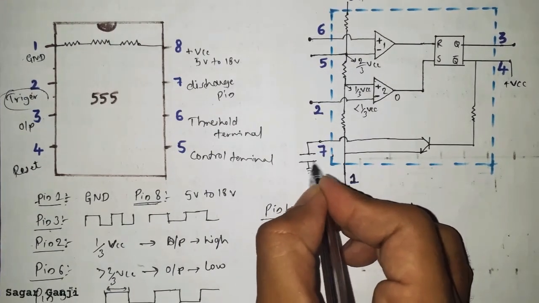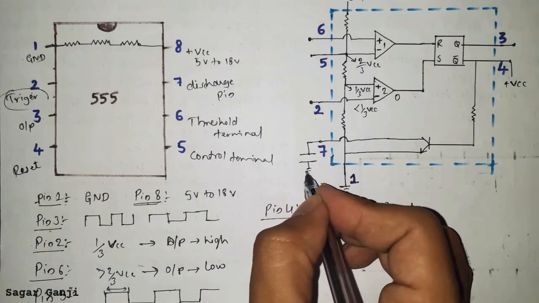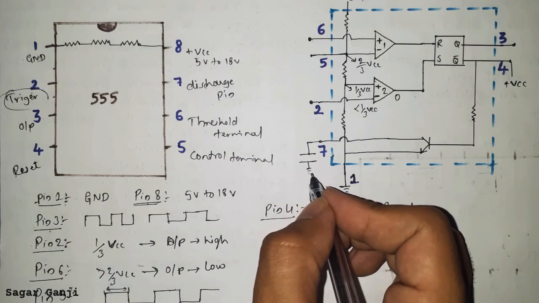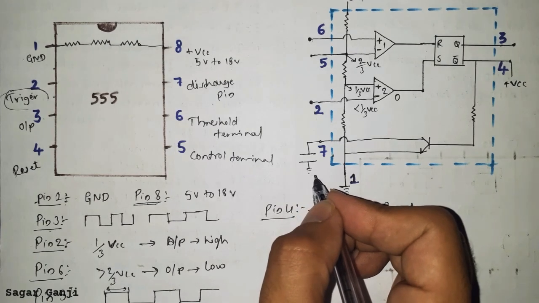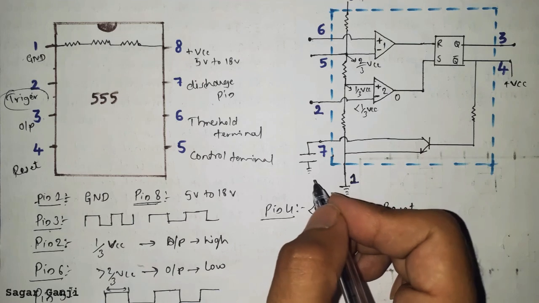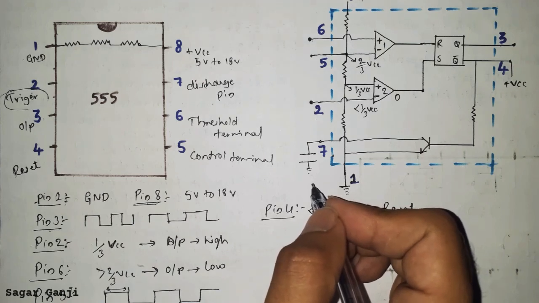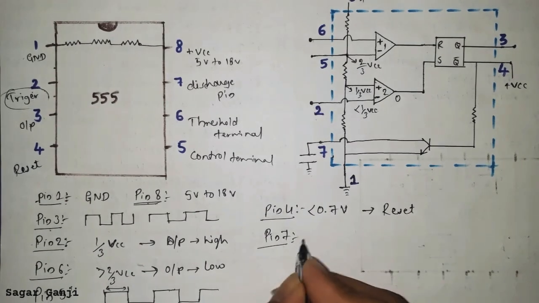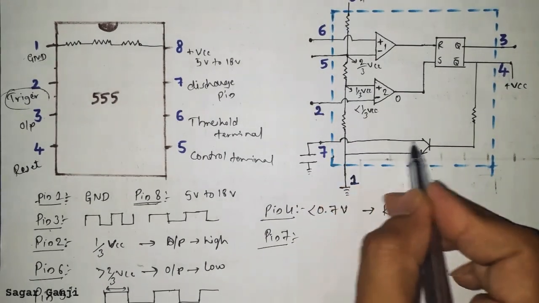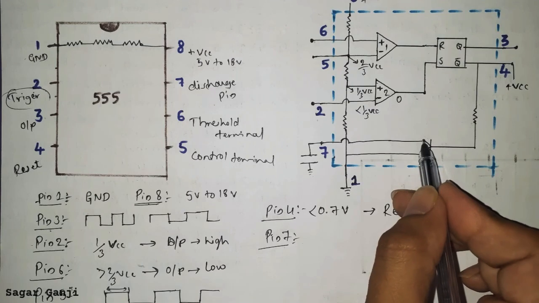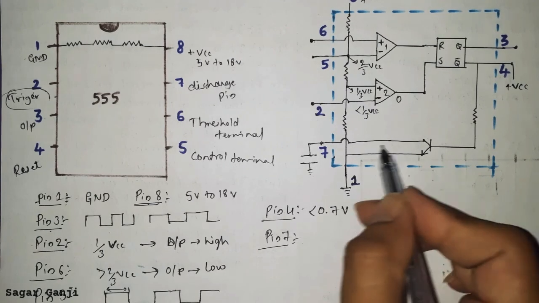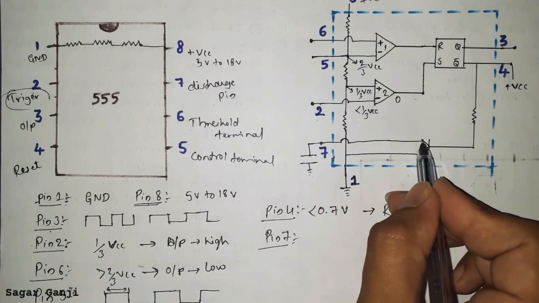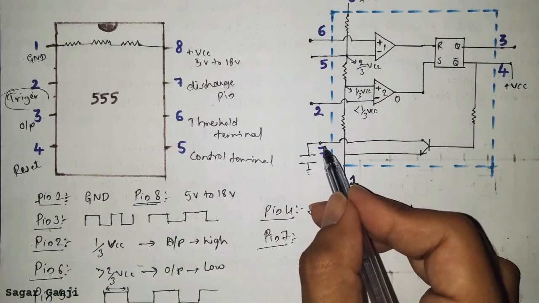It is called the timing capacitor, which determines the frequency of the output waveform. We will study it later while studying the astable multivibrator. Pin number 7 is internally connected to the collector of the transistor. There is an internal transistor, and its collector is connected to pin number 7.